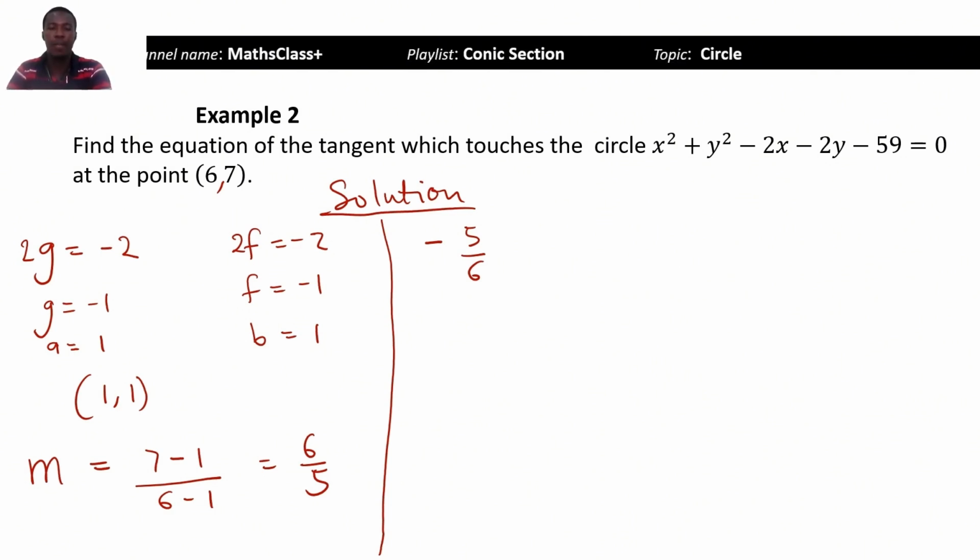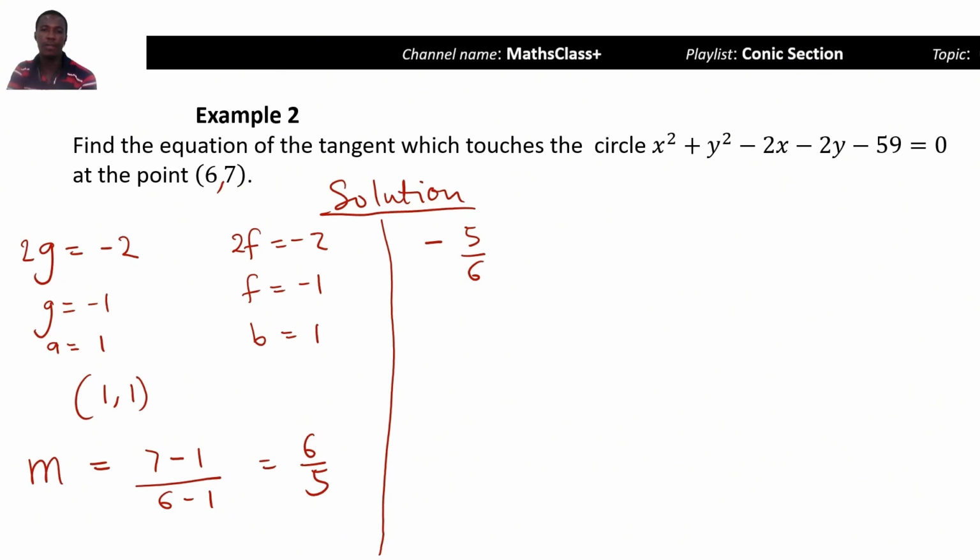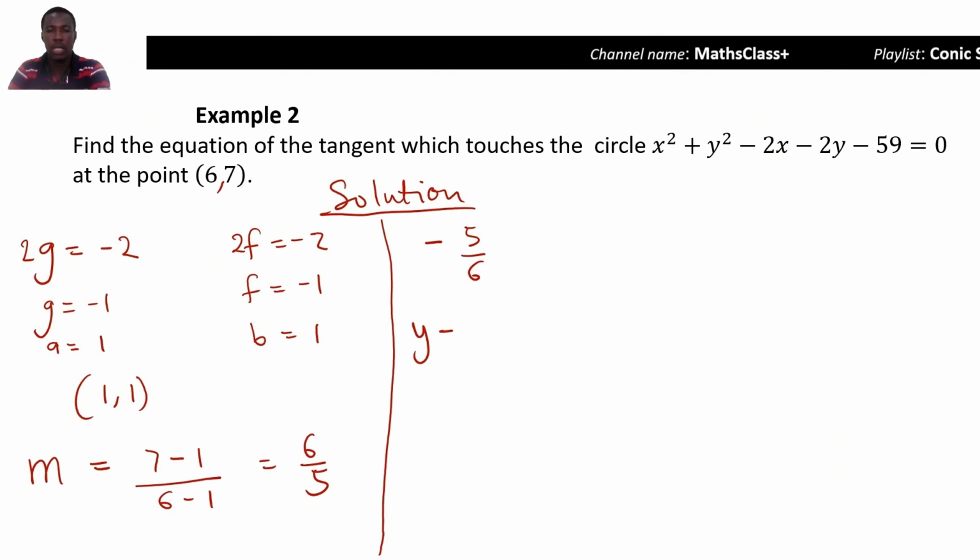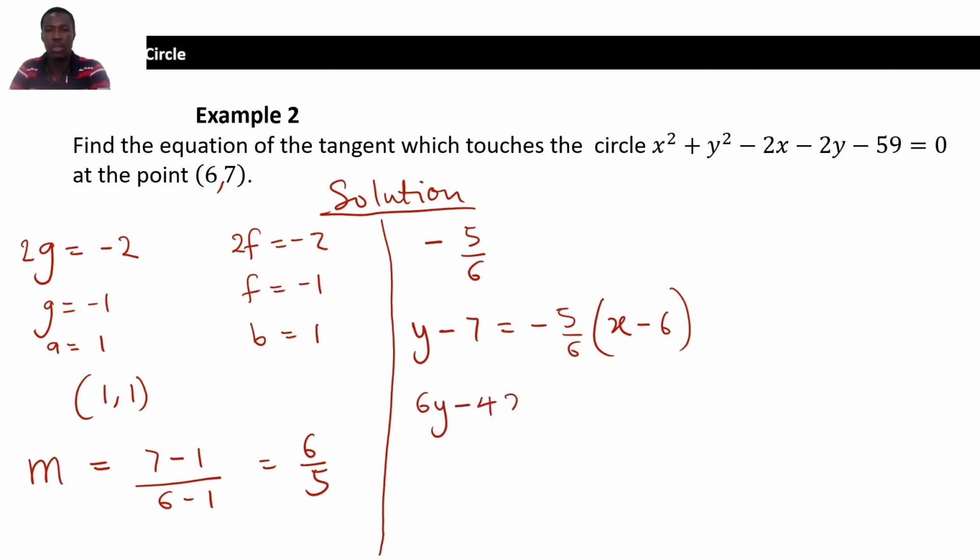So now we have the point of contact, which is a point the tangent passes through, and the gradient of the tangent. So we can determine the equation of the tangent as y minus 7 is equal to negative 5 over 6 multiplying x minus 6. So here I have 6y minus 42 is equal to minus 5x plus 30.